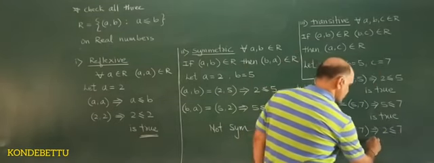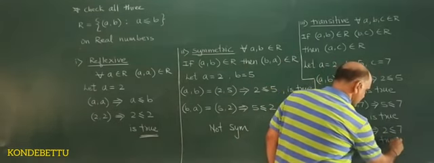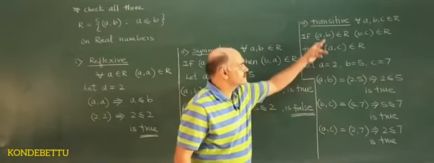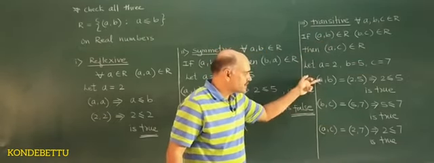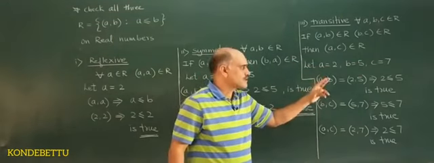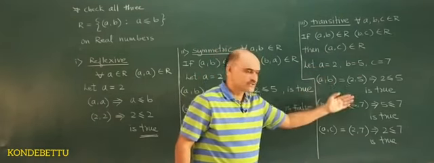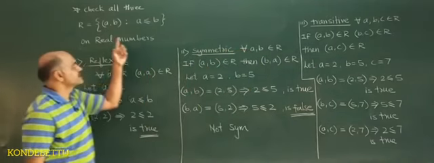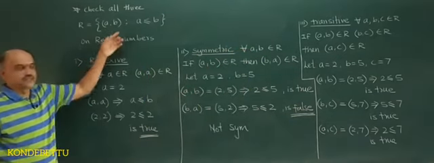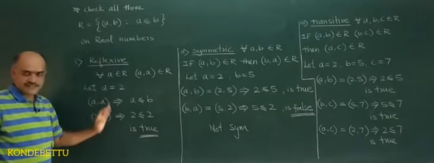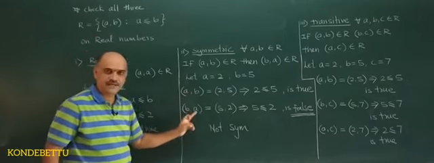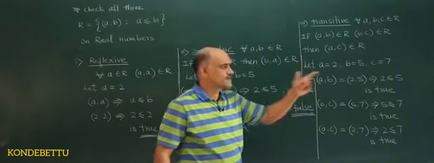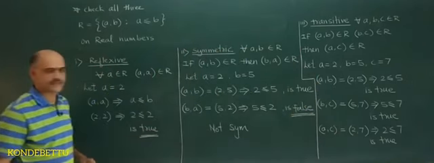This is also true. These two are given, so you take them as true, and then you should get this also true. So all three are true, which means it is transitive. So in this problem, the relation is reflexive, transitive, but not symmetric.